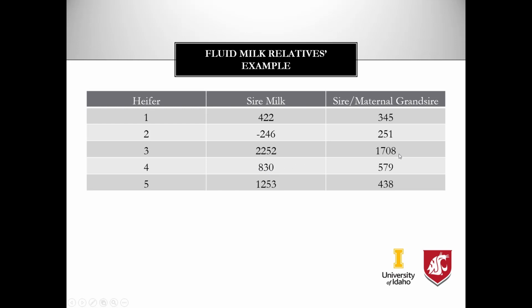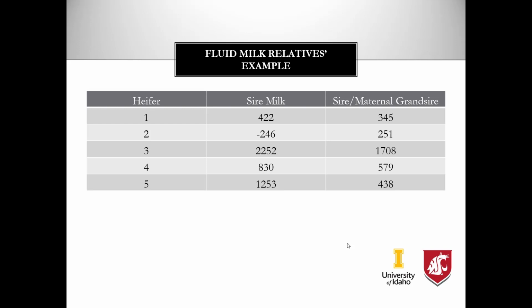When we go over to the sire maternal grandsire combination, heifer number 3 is still looking outstanding here, with now a change in order of number 4 and number 5, where number 4 now is looking a little more promising than number 5.